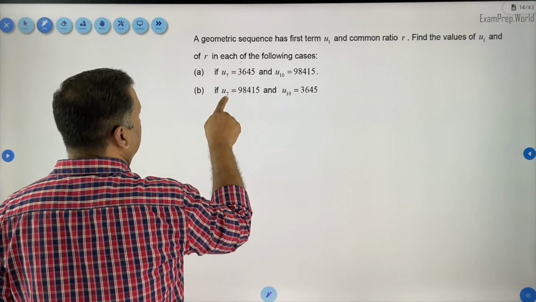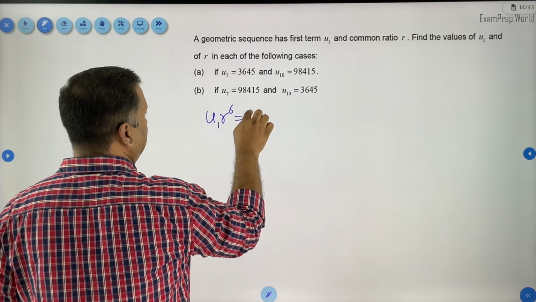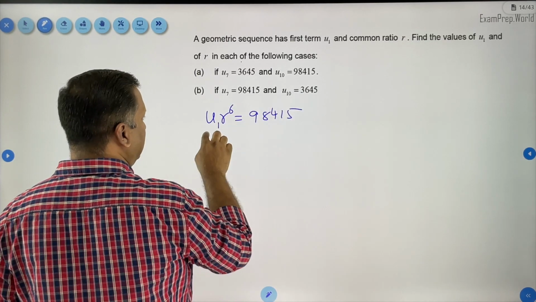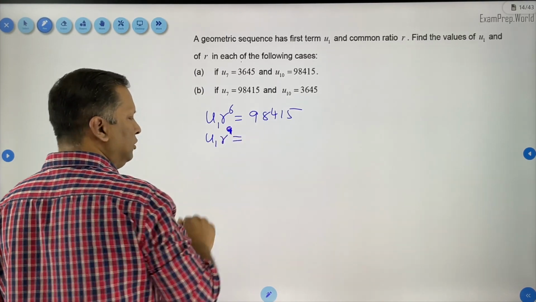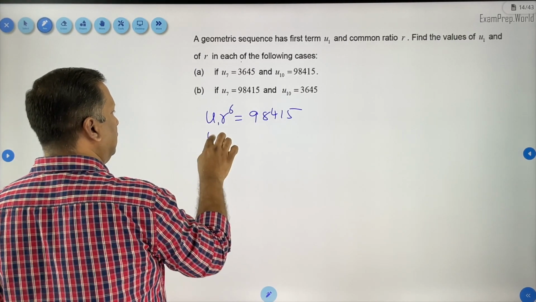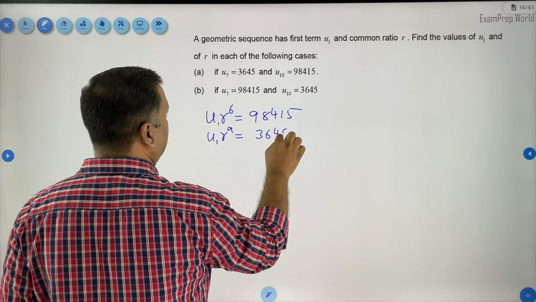We have once again u7. So it is u1 r to power 6 is 98415. And u10, which is u1 r to power 9, is 3645.